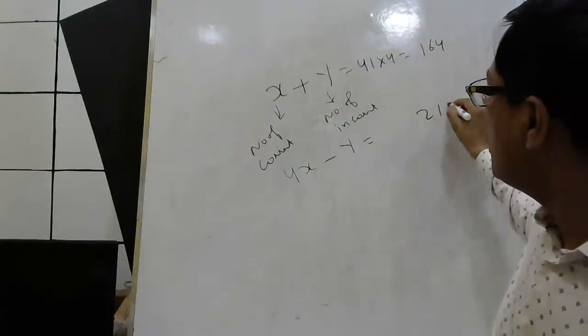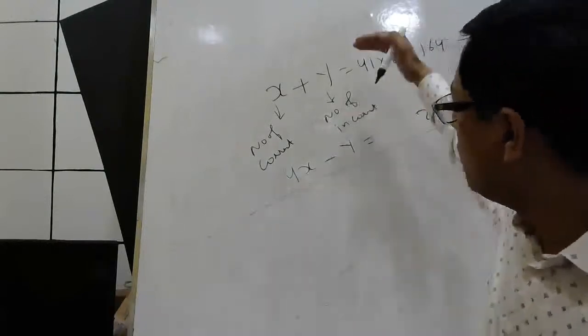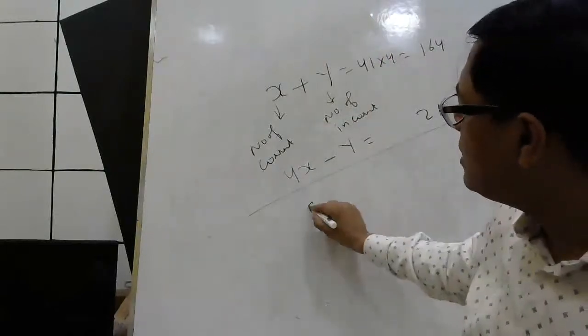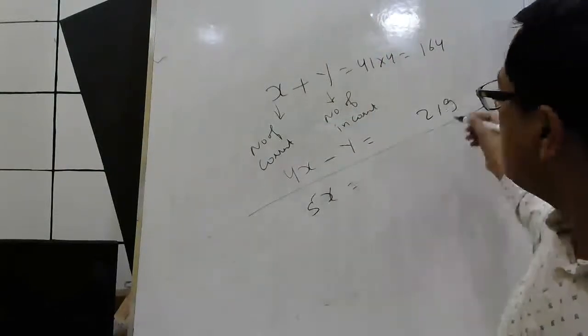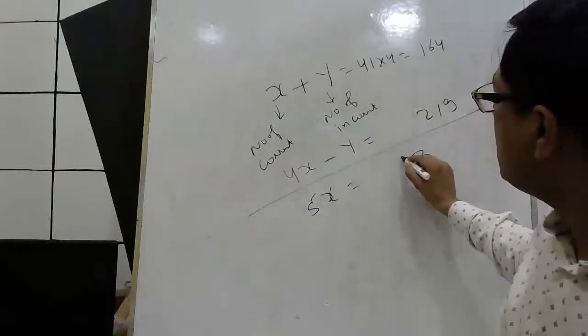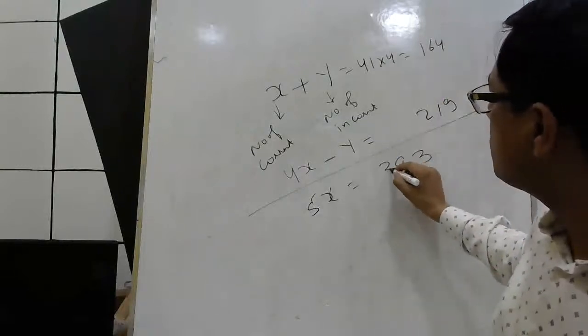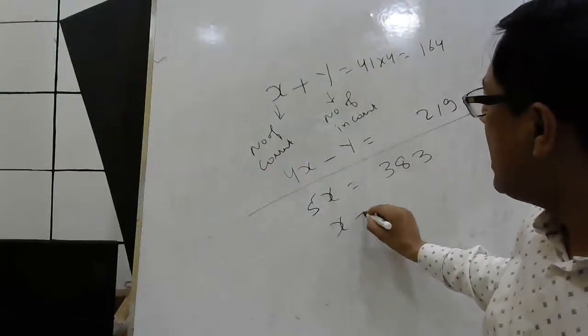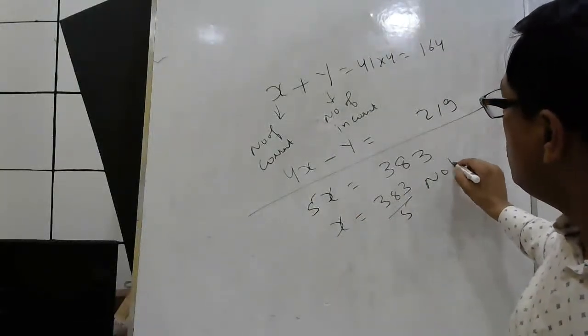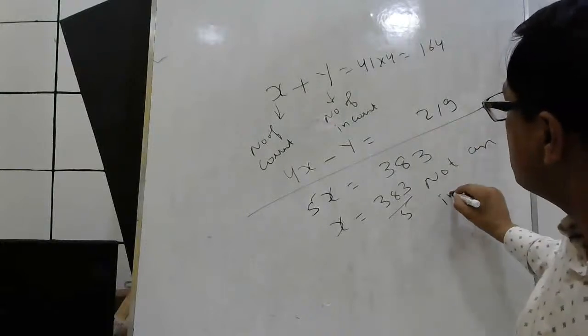Suppose I put 219 and we add these. Now plus y minus y will get cancelled. 5x is equal to 9 plus 4, 13, 7 plus 1, 8, and this is 383. x is equal to 383 by 5, not an integer.